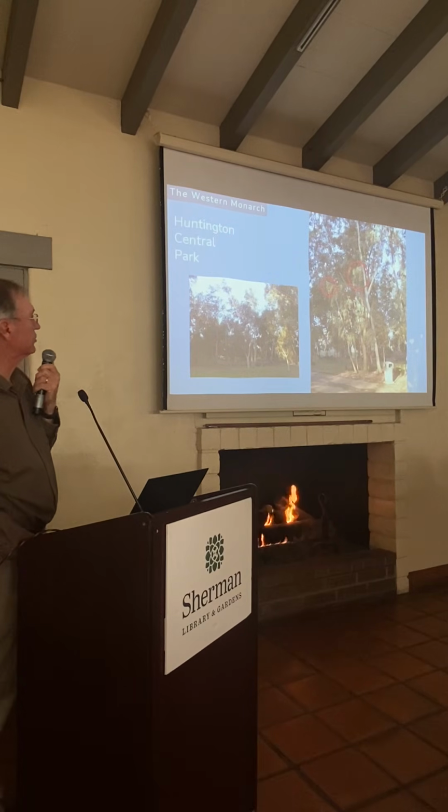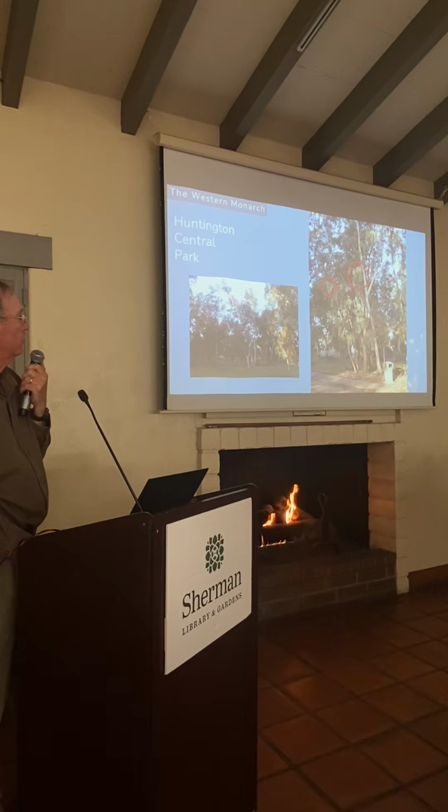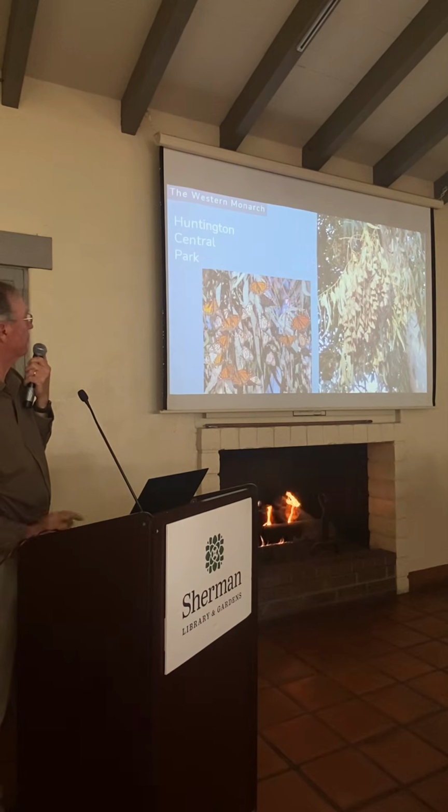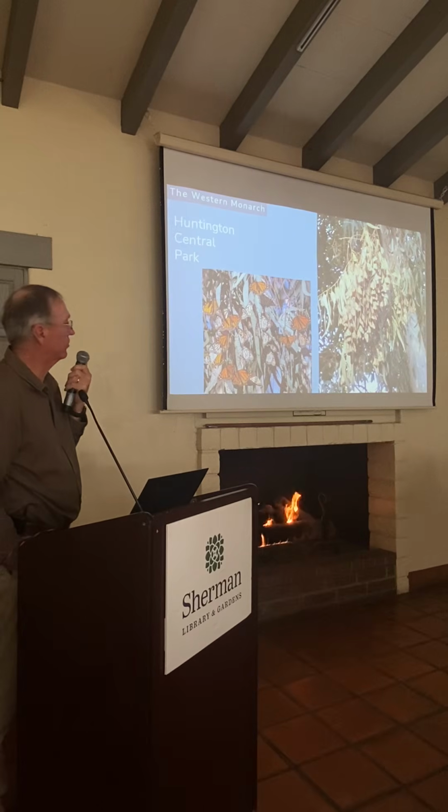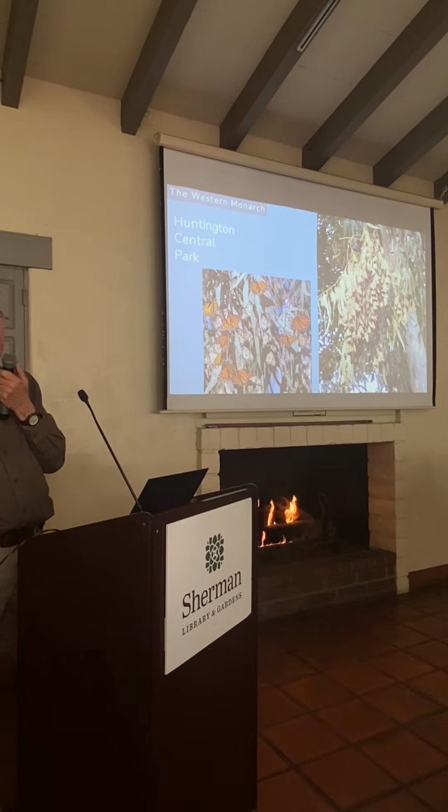The largest grove and the most exciting grove this year was at Huntington Central Park. There's 2 colonies at Huntington Central Park, Huntington Beach, that have been there in various numbers for 20, 30 years. But this year, we found a couple of really nice clusters.